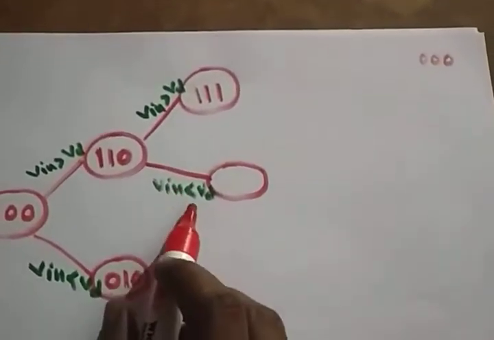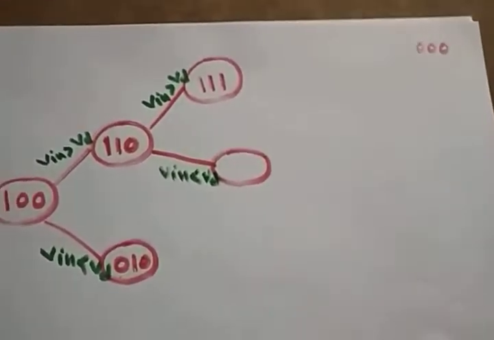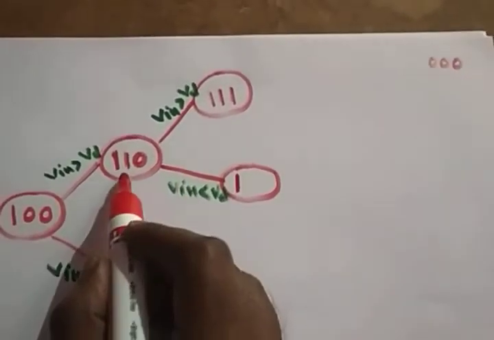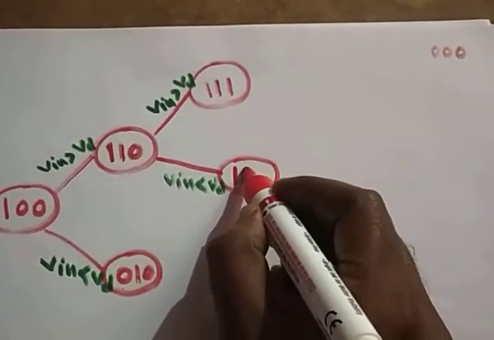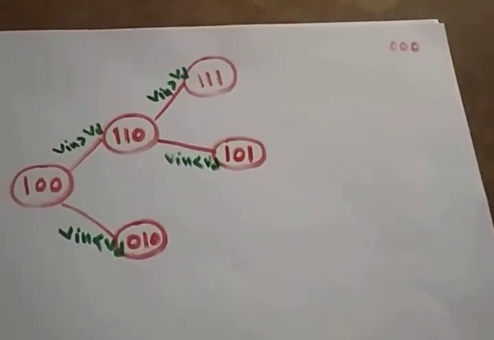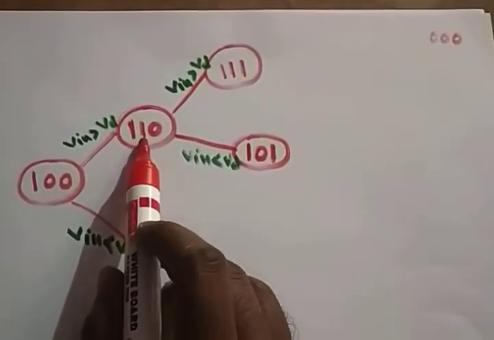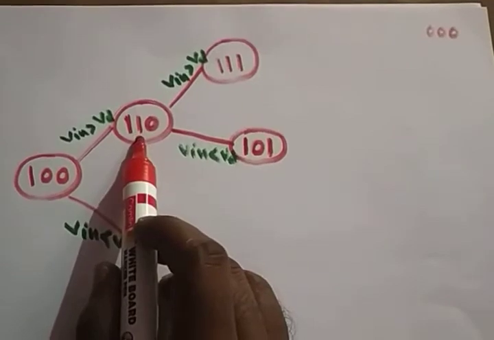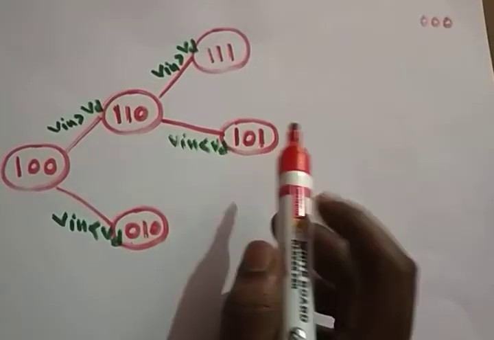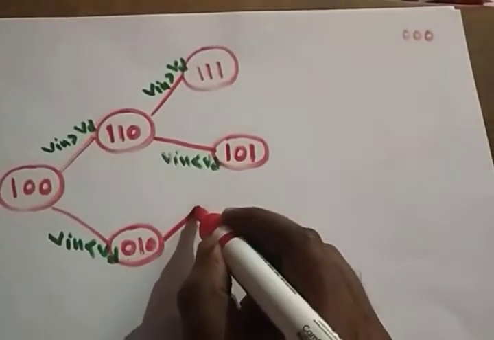You are setting the next bit, that's it. If Vin is less than VD, you reset the previous bit and set the next bit. The previous bit that was set to 1, you have to reset it, then set the next bit. Hope it's clear. That's it, nothing more.